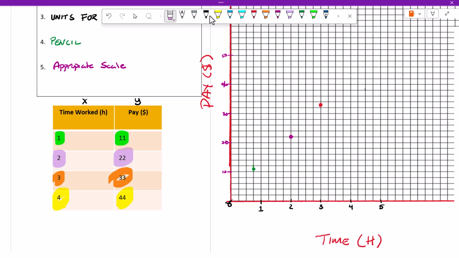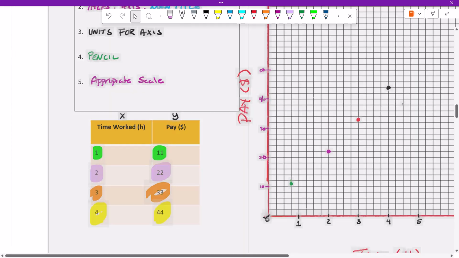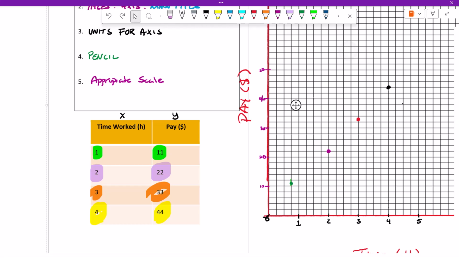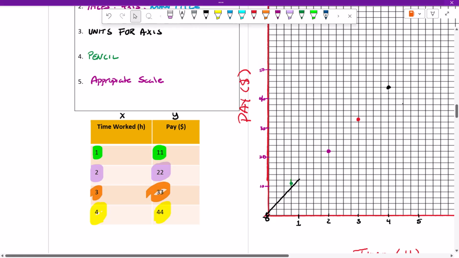I put it at 4.5. 40, here, 42, 44. There we go. Much better. The graphing does not work well with a computer screen. This is touch sensitive and things kind of go all over the place. So I'll do my best. So something like this. It's your line. There we go. That's it.